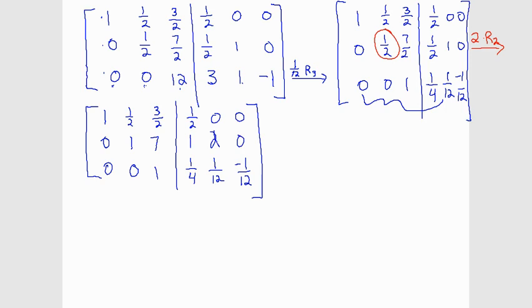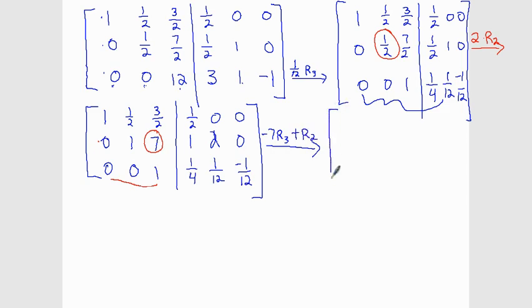Okay, now let's work on this 7 here. Let's try to get that to be a 0. Now the best row I can use, because I don't want to change this 0, is the last row. So I'm going to take row 3, multiply it by negative 7, and then add row 2.